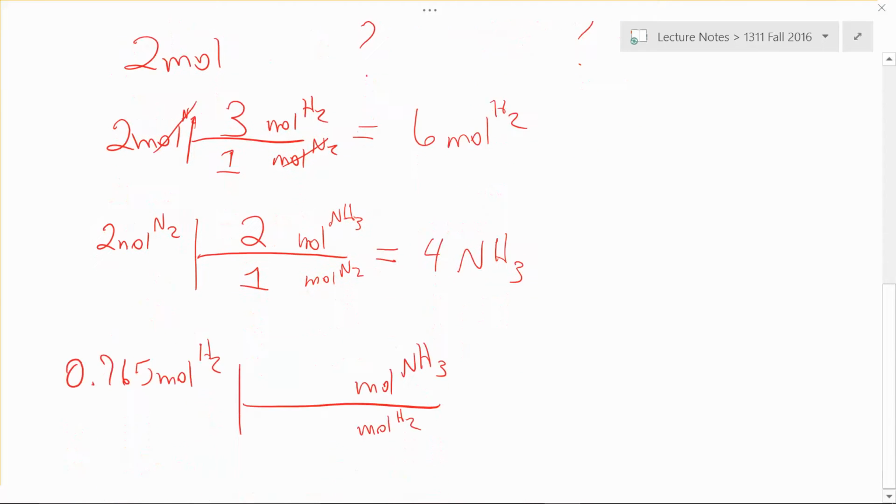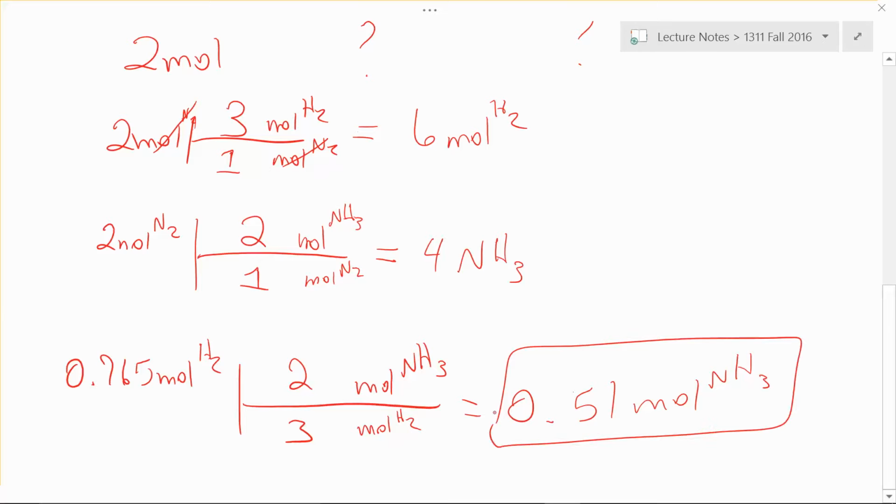Two NH3s for every 3 H2s, right? So I take 0.765, I multiply by 2, and then I divide by 3. What is that? You can do that for me. Okay, so 0.51 moles of NH3.